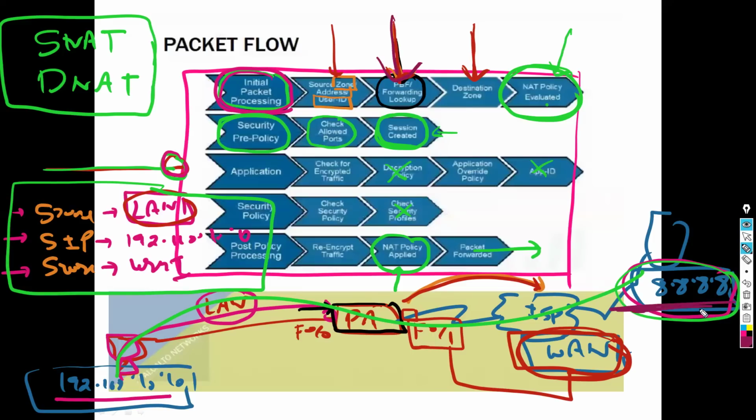Is there any entry available in the routing table? Yes, you have a default route towards the ISP. So based on the routing table, the firewall can find the egress interface. This is your exit interface, and this exit interface is part of the WAN zone. So the firewall has a destination zone. Clear, everyone? This is the basic packet flow concept.